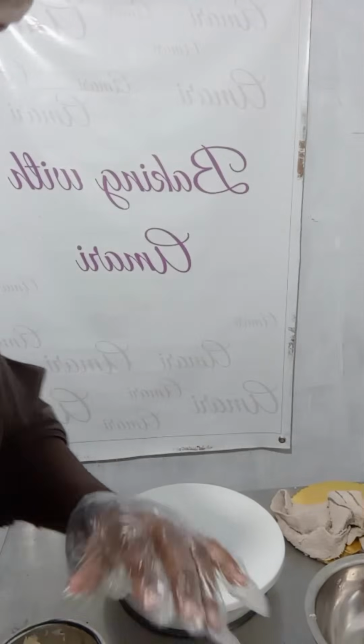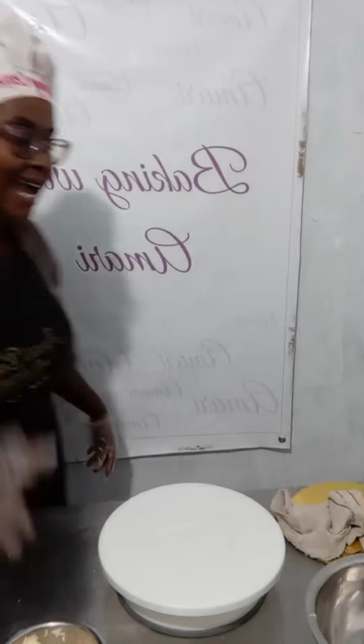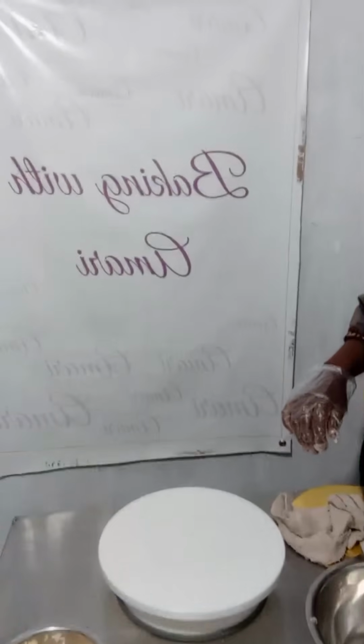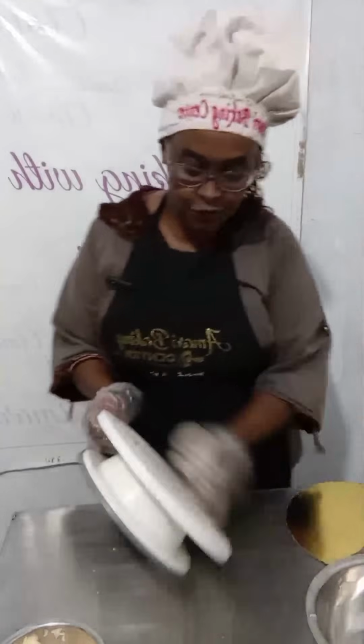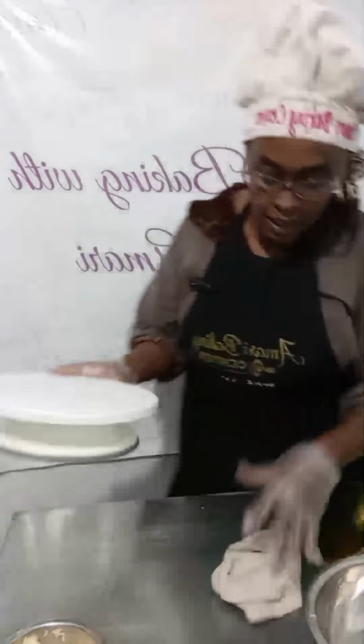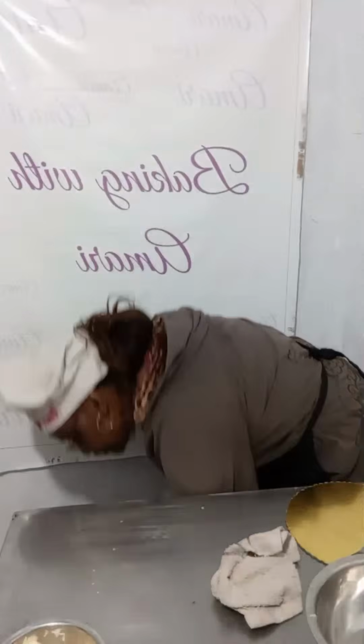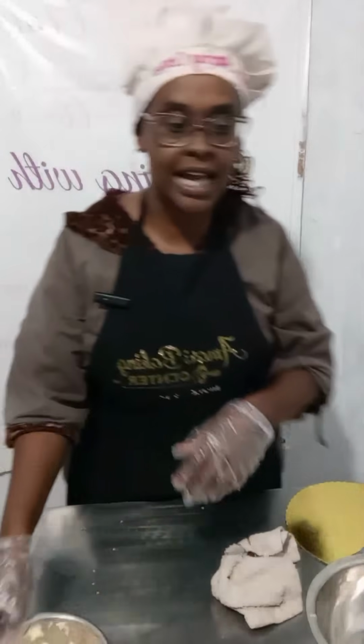Now, because I'm doing red fondant, I actually already have my fondant prepared. I'm going to show you guys. Because it's very difficult to get the really nice red in one go, usually I do it a day before.